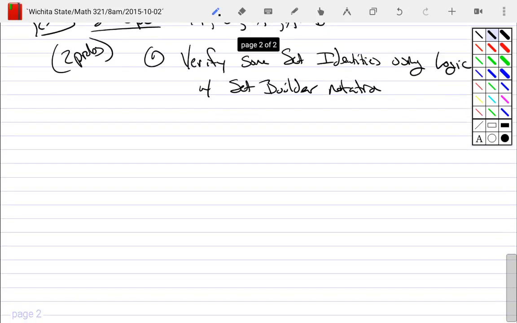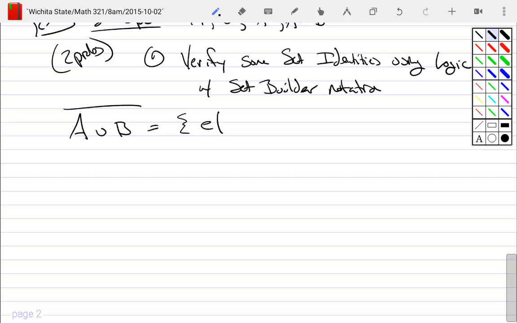Like the one we already did before. What would be A union B's complement? What do I know the answer is? This is De Morgan's. So it's A complement, flip, intersect, B complement, right? And so what logic do you think I'll do?